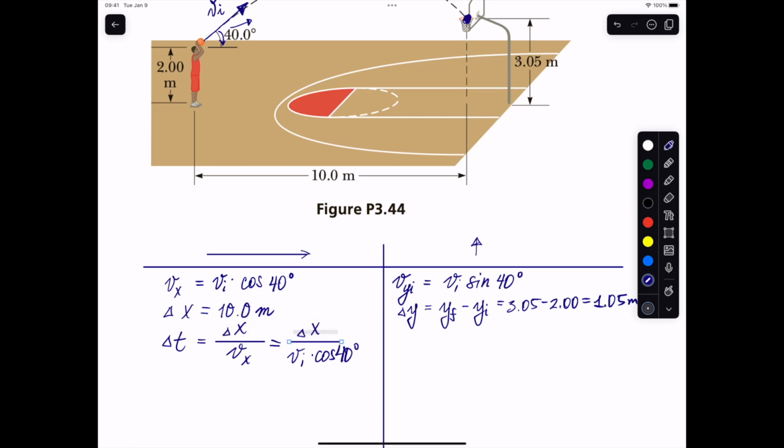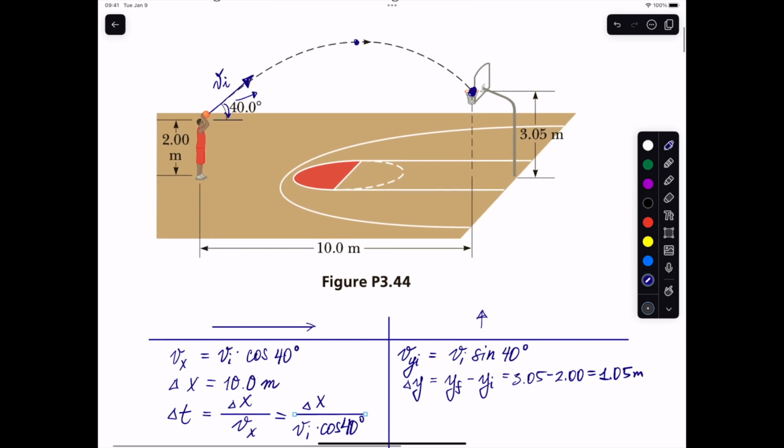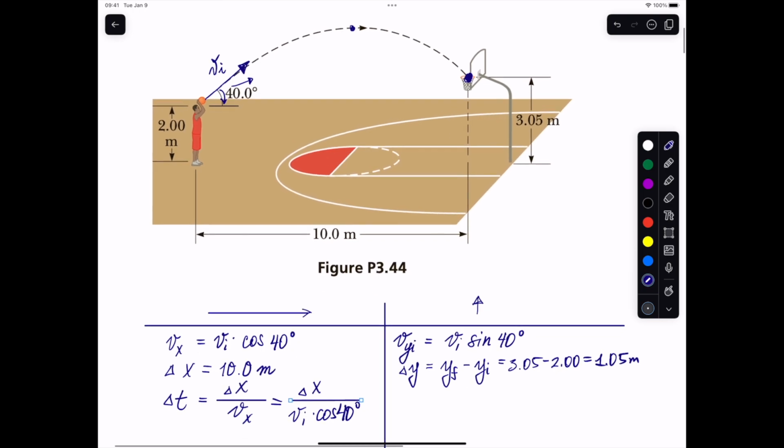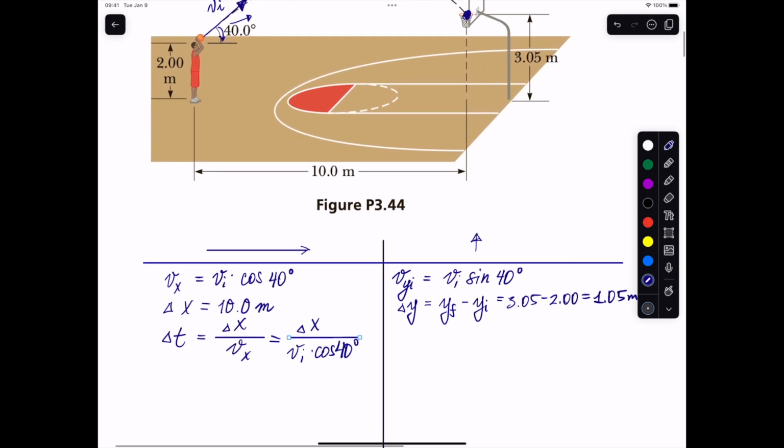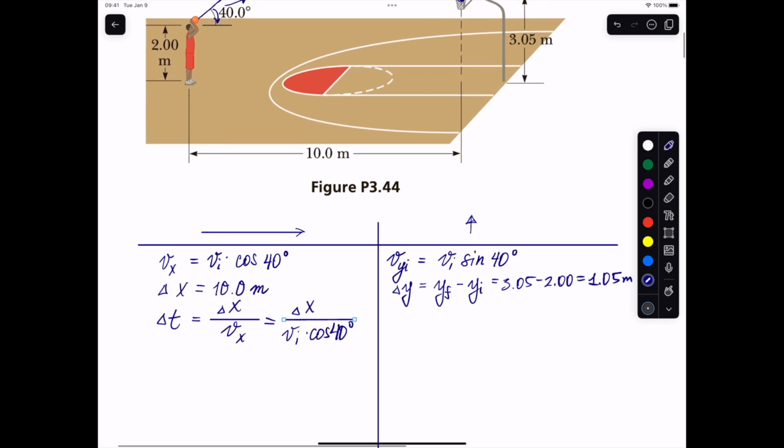Now the trick here is, yes, I can write the expression for half time, but half time has nothing to do with what I'm trying to find. I'm trying to find the time that it takes to get to the goal, to the hoop. And I know that my change in y is 1.05.